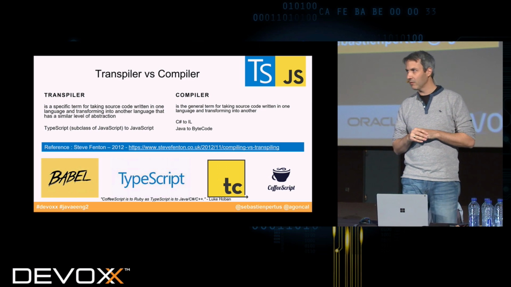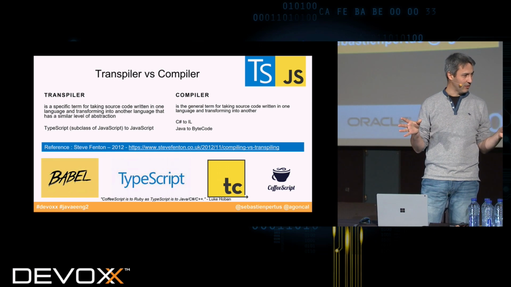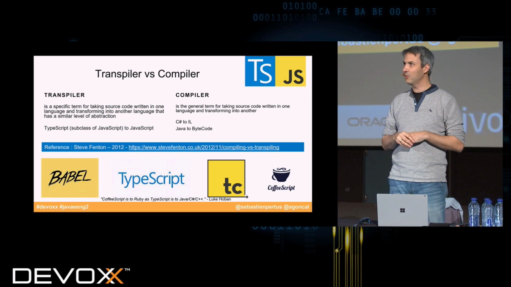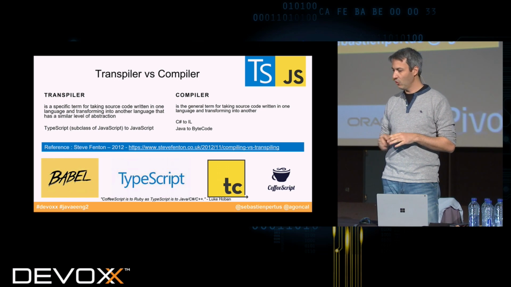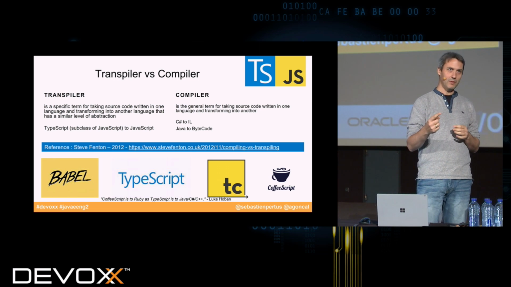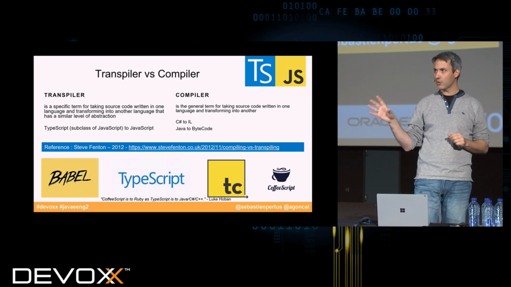When you compile, like when you make Java, you compile it to bytecode, it's bytecode. And when you use C#, like I do, we compile to intermediate language. So you are compiling. There is a compiler for JavaScript called Emscripten. You make C++ and you have JavaScript at the end.